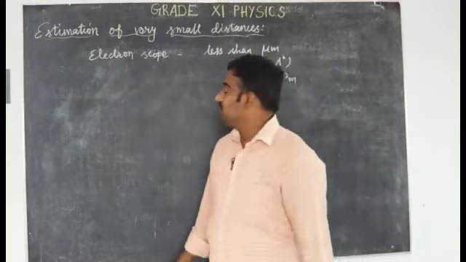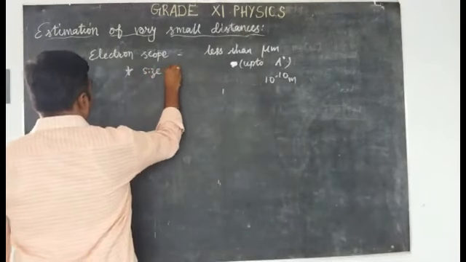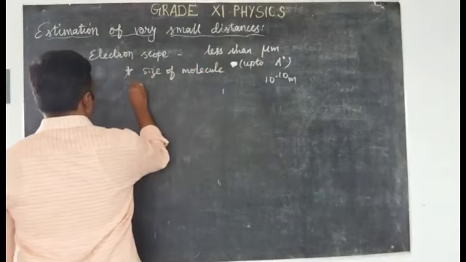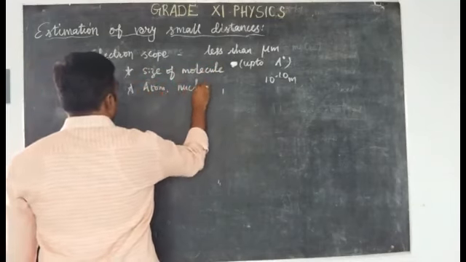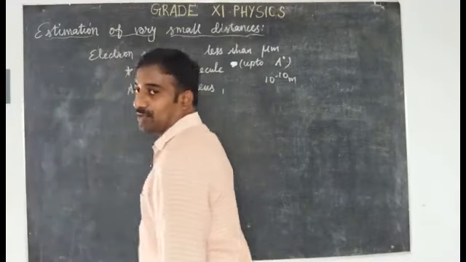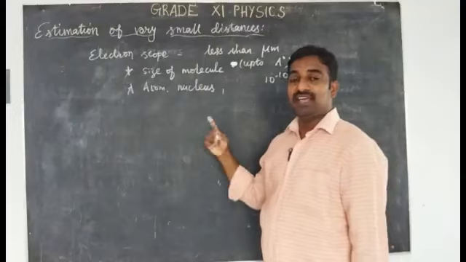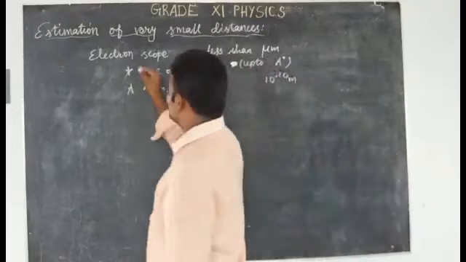So the electron microscope is used to estimate the size of a molecule, even an atom and a nucleus. Even an atom and a nucleus can be observed under an electron microscope. Even some viruses will also be visible. We can observe the virus in a detailed manner through an electron microscope.